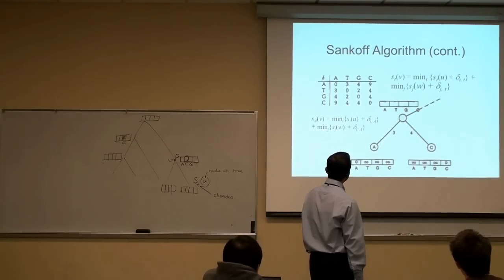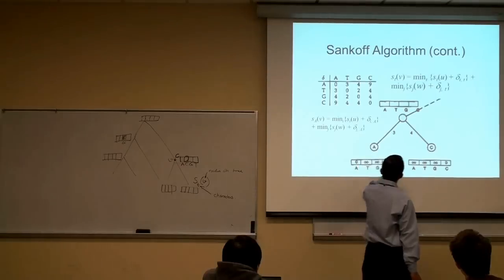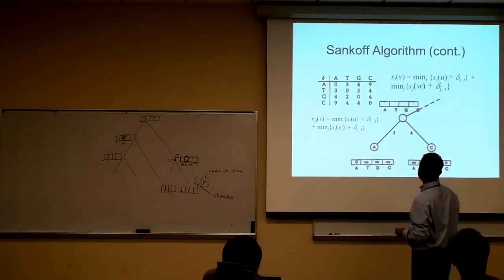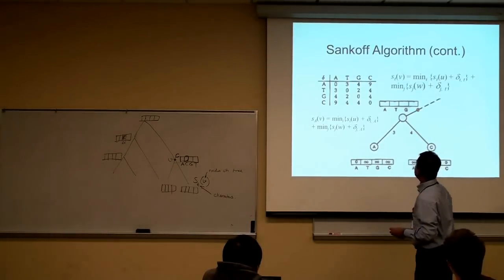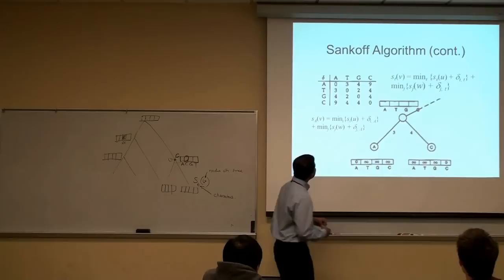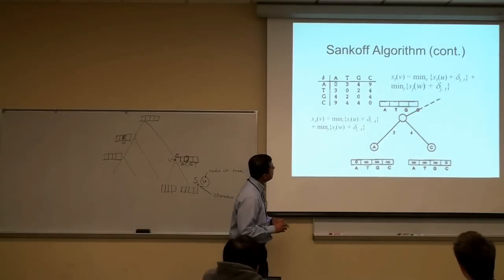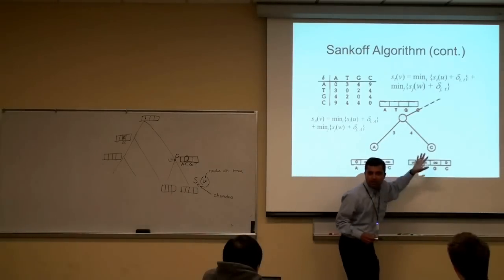Wouldn't cost anything. No, but why is this 3? That's wrong. The best score is going to be if you choose T, because it has. Oh yes. Oh, okay. Thank you. No. I think ignore these edge lengths. Okay. Yeah, that's right.